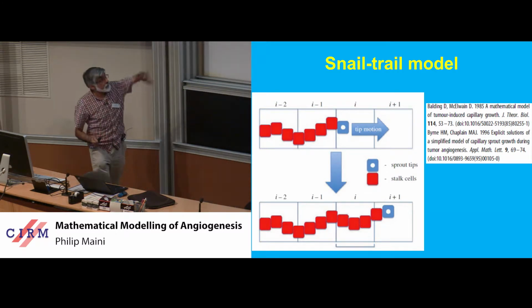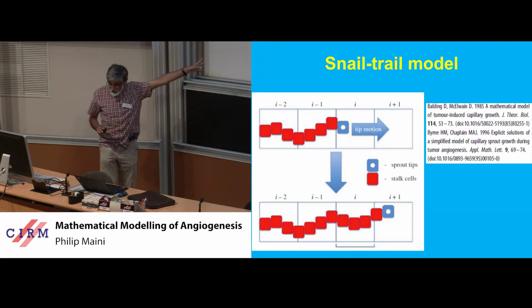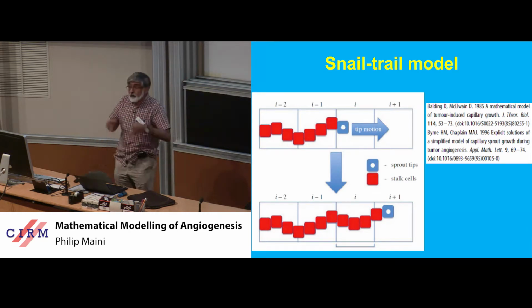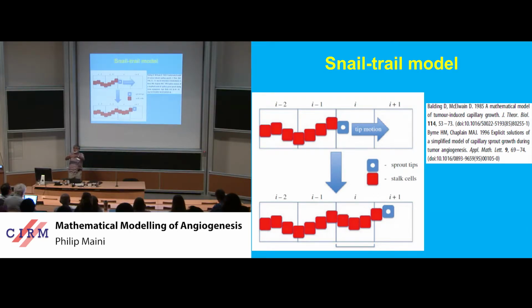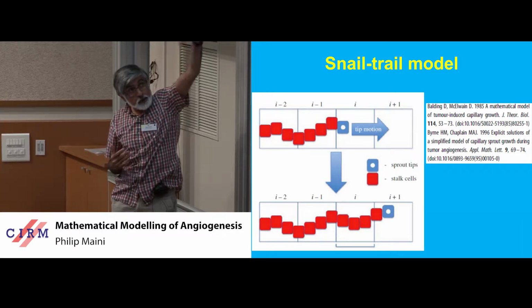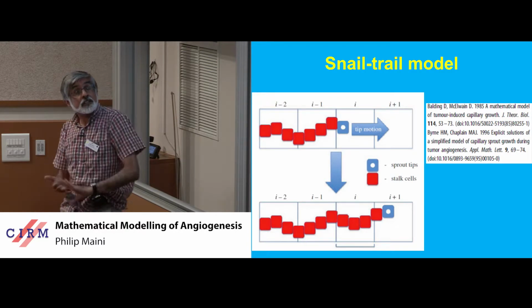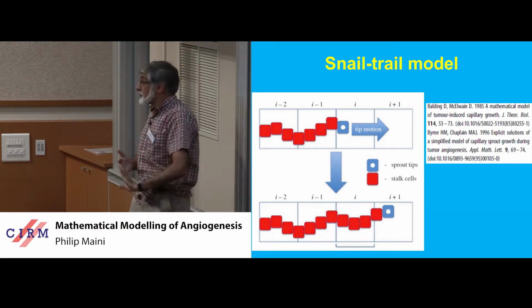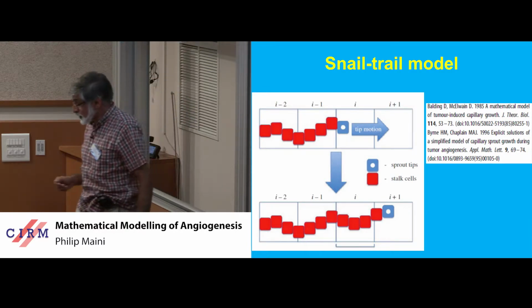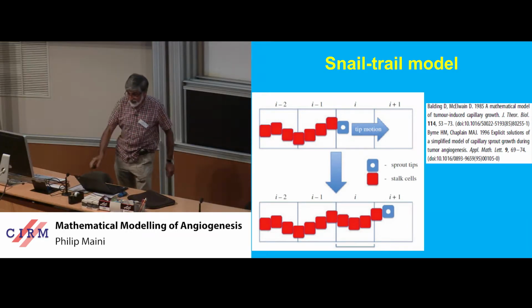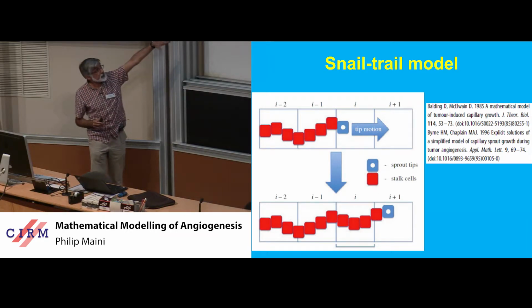Okay? And this was first put forward actually for fungal colony growth in 1982 by Leah Keshet, and then adapted to angiogenesis by Baldwin and McElwain in 1985, and then Byrne and Chaplin, two people whom I'm sure you all know very well, and good friends and collaborators.